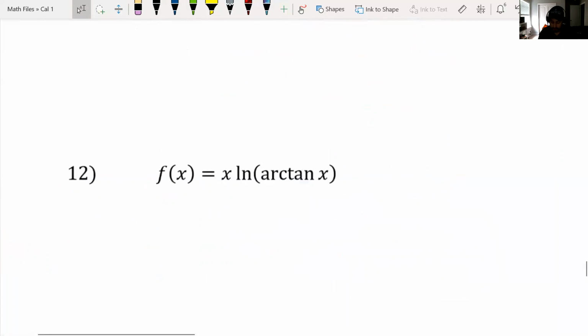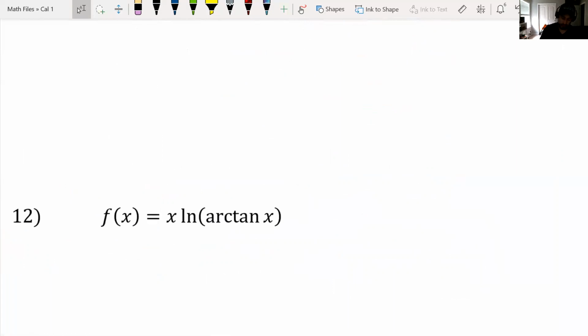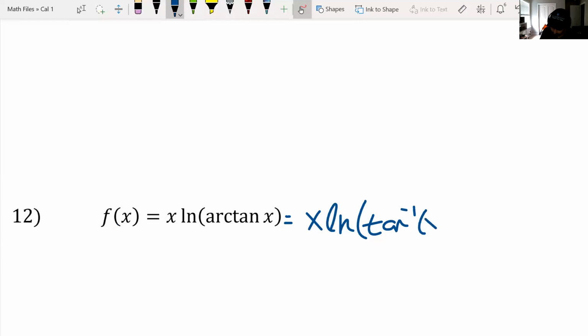Next one. All right. Ugly. Rewrite it. Make this x times the natural log of the inverse tangent of x. So arctangent, same as the inverse tangent.